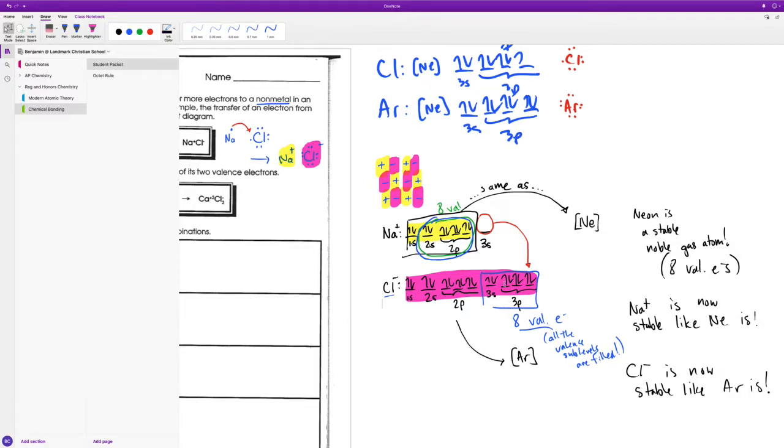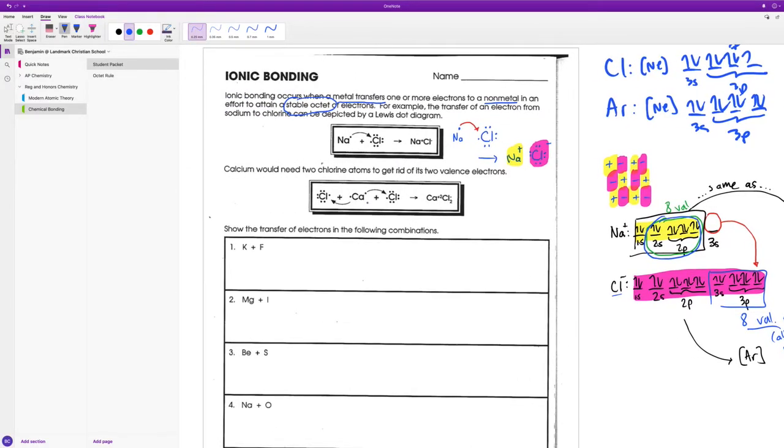So watch this. What they've done here is show how you can generate calcium chloride. Calcium is going to lose 2 electrons, and you need 2 chlorine atoms to do that.